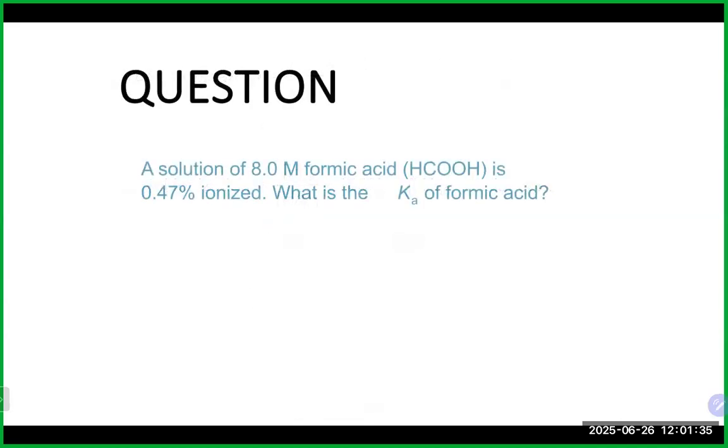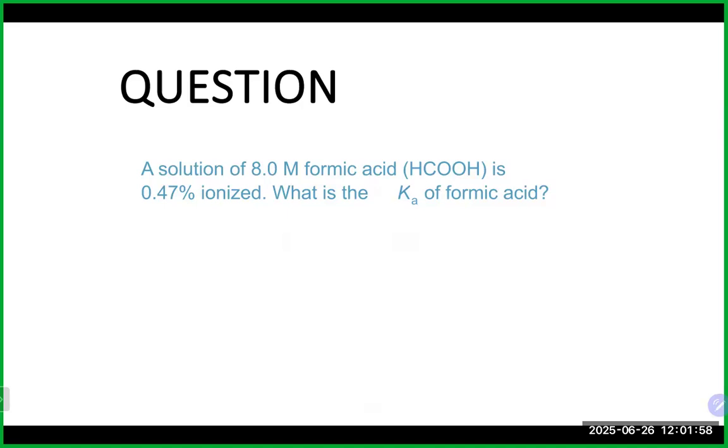Now, let's see how we can maybe use percent ionization for something other than just calculating percent ionization of an acid. So let's say we had a solution of 8 molar formic acid, and it is 0.47% ionized. In this case, we actually want to know what is the Ka value of our acid.